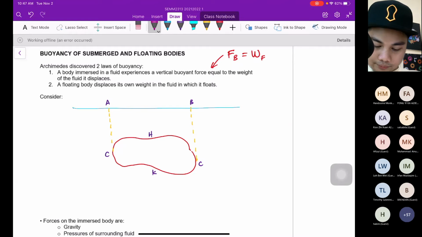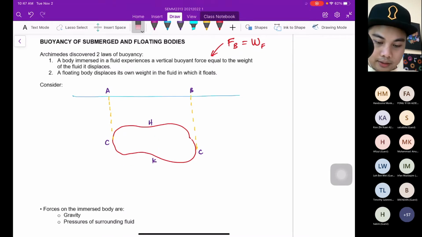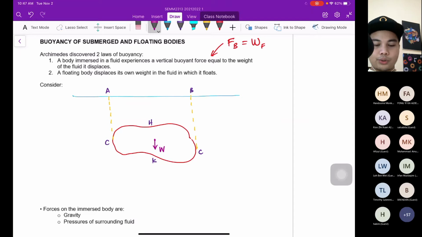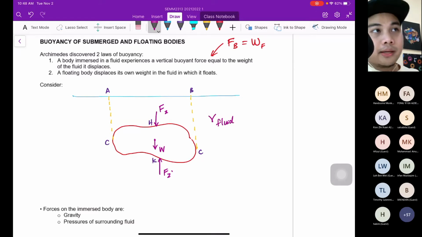The weight is here. So we have the force, let's say F in the Z direction, and we have the counter force, F in Z counter force. And let's say this is gamma of the fluid, maybe water or oil, whatever.